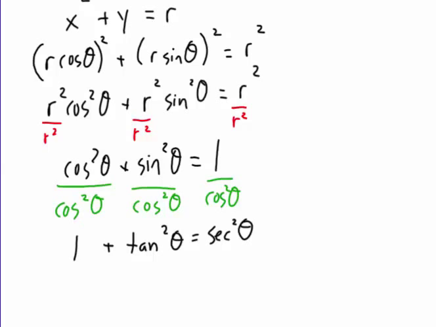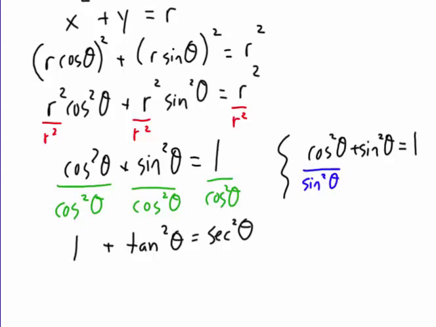And if we did this exercise one more time, let's start with our cos squared theta plus sine squared theta is equal to 1. And this time, instead of dividing everything by cos squared theta, let's divide everything by sine squared theta. We'll get the third Pythagorean identity.